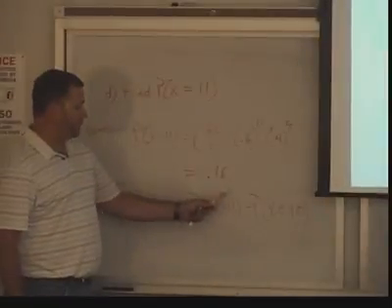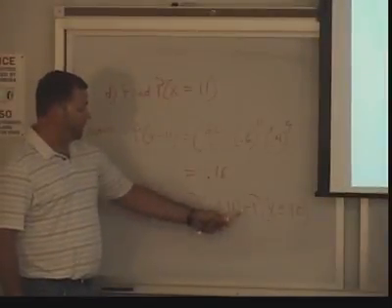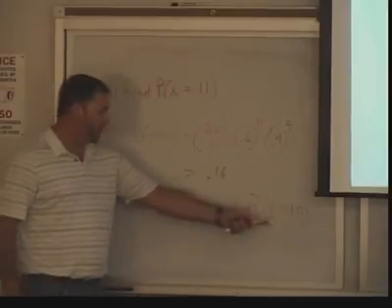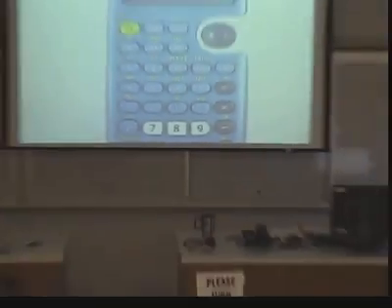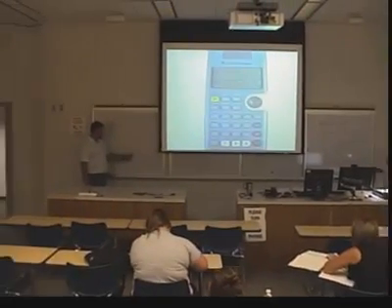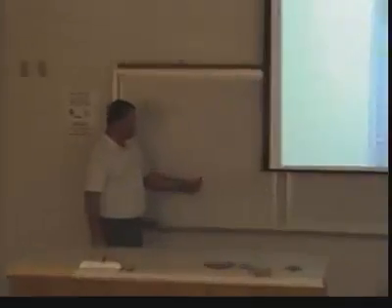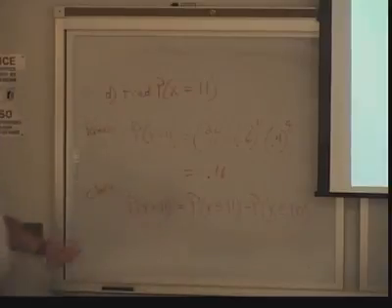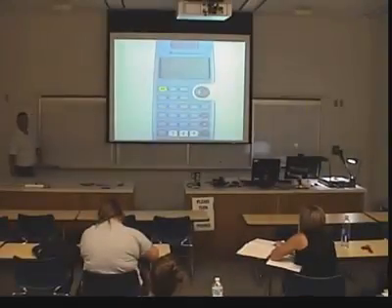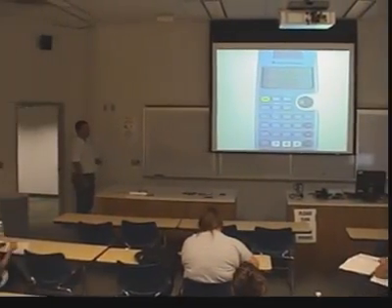So if I want to know what it is exactly at 11, I need to know the probability that it's less than or equal to 11 minus the probability that it's any number less than 11. So basically this is counting the probability of x equals 0, 1, 2, 3, 4, 5, 6, 7, 8, 9, 10, 11. And then we're taking off the probability that it's 0, 1, 2, 3, 4, 5, 6, 7, 8, 9, or 10. So all this is leaving behind is equal to 11. You guys see what's going on there?